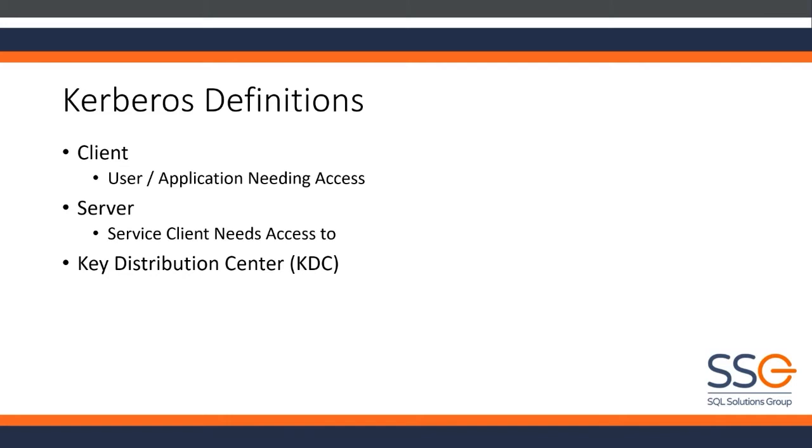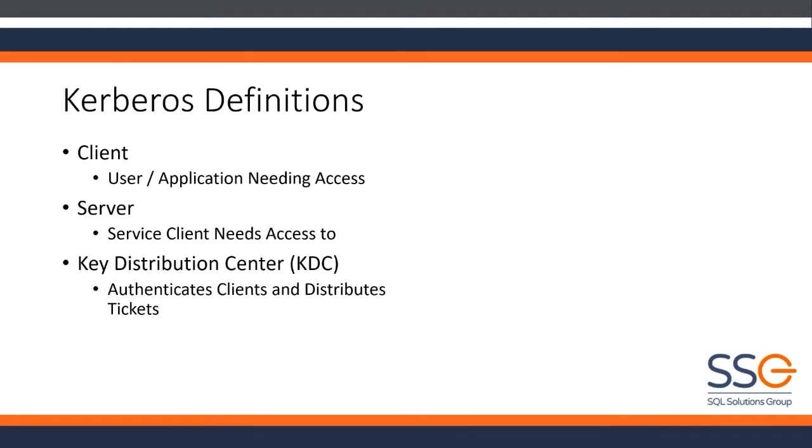Then you have this term key distribution center, and I'm including these definitions because when you look at Kerberos resources, if you Google it, you're going to see things like KDC and AS and TGS and TGT, and what the heck are all those things. So that's what we have going on there.